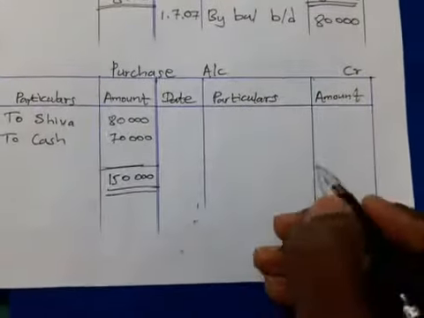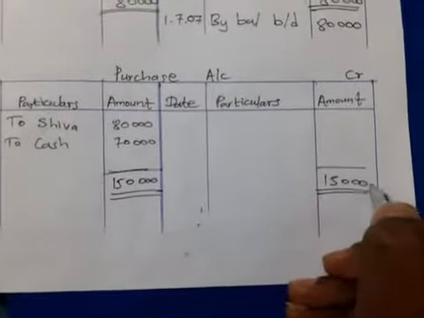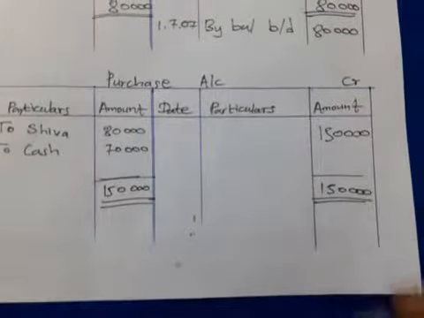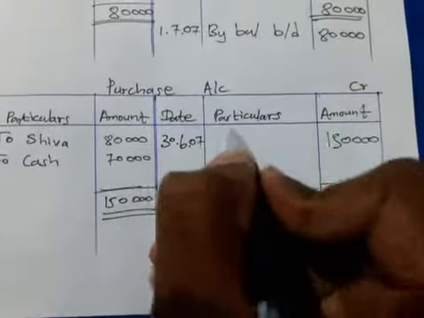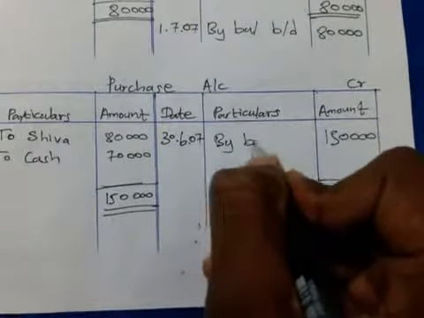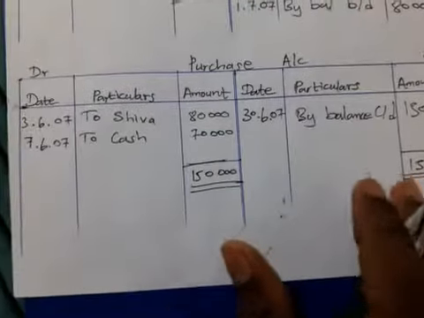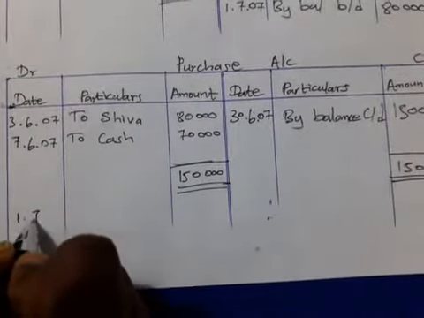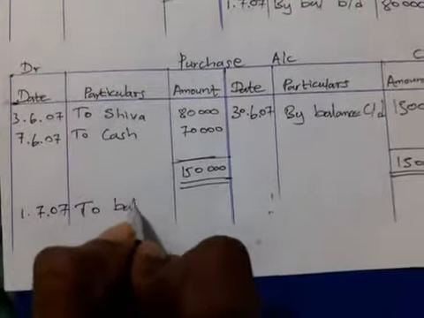There is no amount on the credit side, so 1,50,000. 1,50,000, 2007, by balance carried down, the same amount for the next financial year. Brought down.